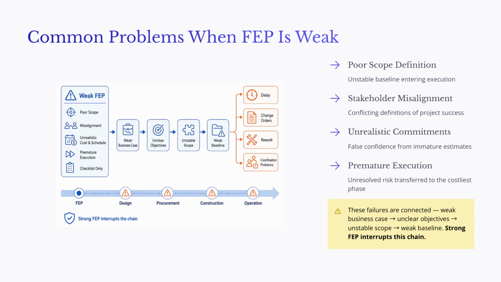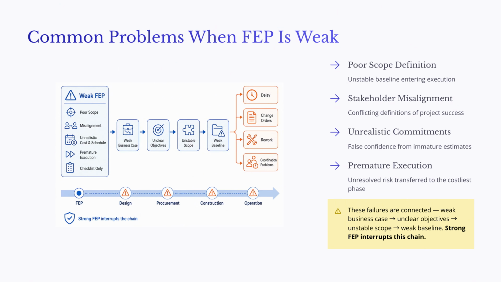Another problem is stakeholder misalignment. Owners, designers, contractors, operations personnel, maintenance staff, regulators, and users may all define project success differently. Without early alignment, these differences can turn into scope changes, delays, and conflict.